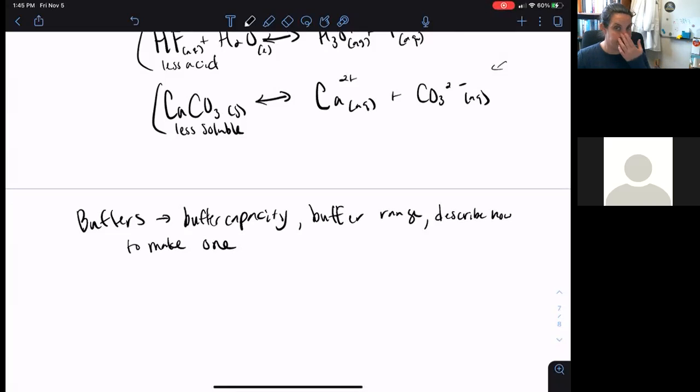Keeping in mind that your buffer is going to be a weak acid and its conjugate base or a weak base and its conjugate acid. And you can make a buffer either by just adding those two substances together, or you can also make a buffer by taking a weak acid and partially neutralizing it with a strong base, or taking a weak base and partially neutralizing it with a strong acid.